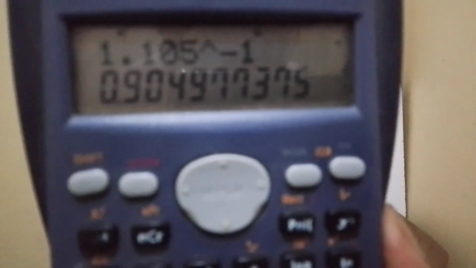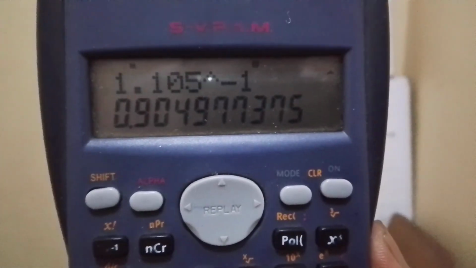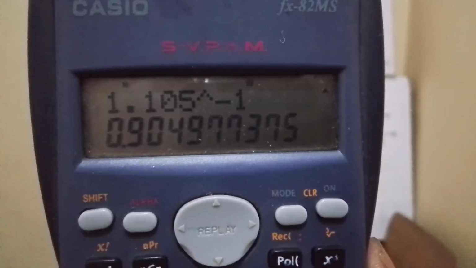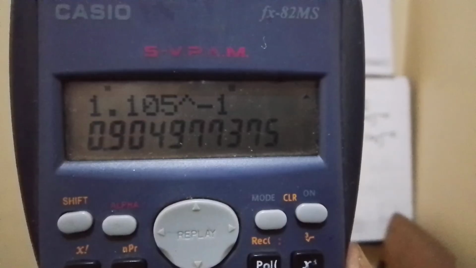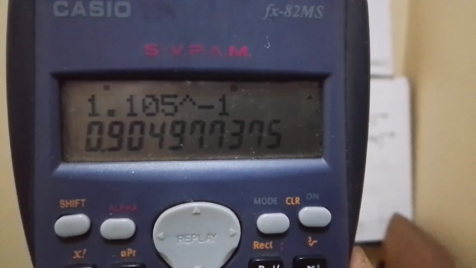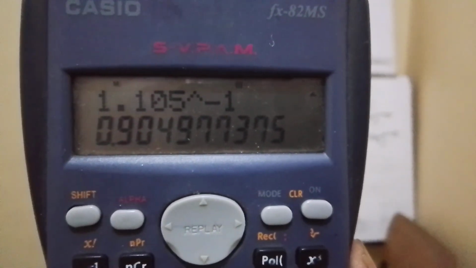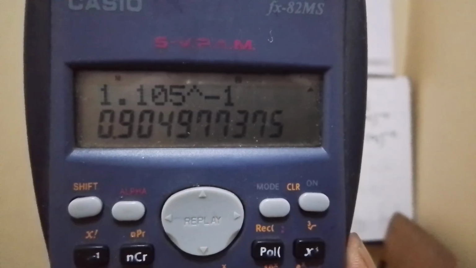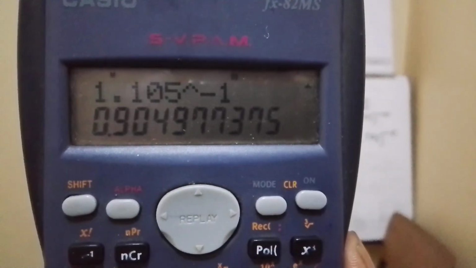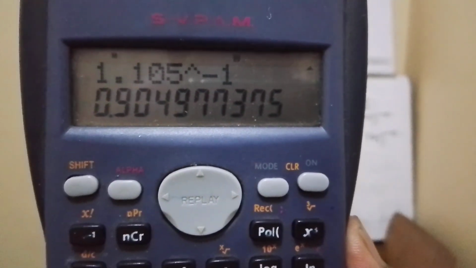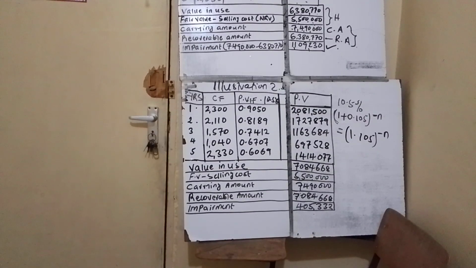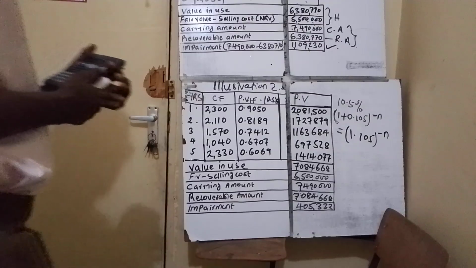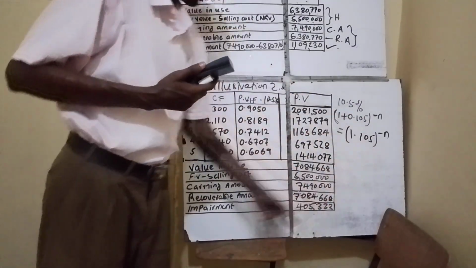The second one, you just take 1.105 raised to negative 2. The third one, 1.105 raised to negative 3. So it is only n which is changing to get the numbers in that particular column. It's quite simple. Only negative n is changing.